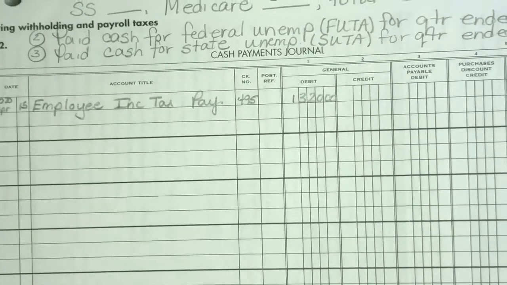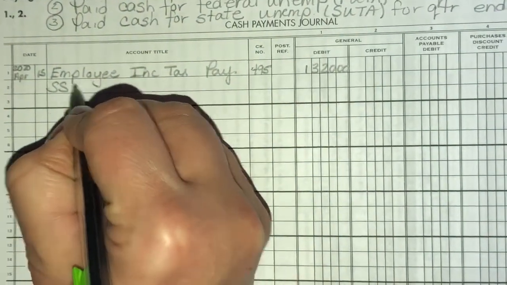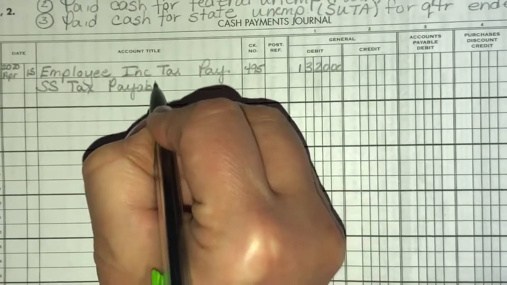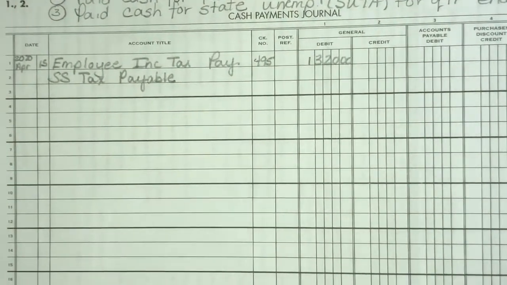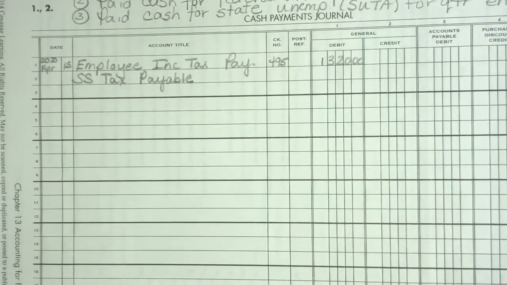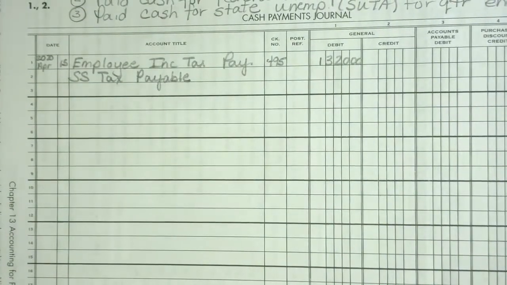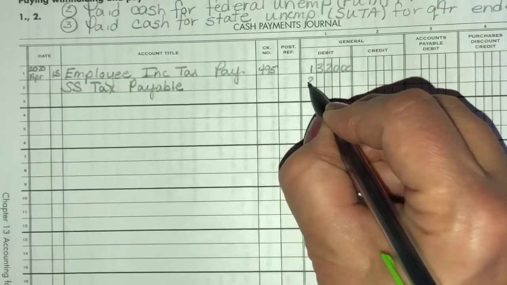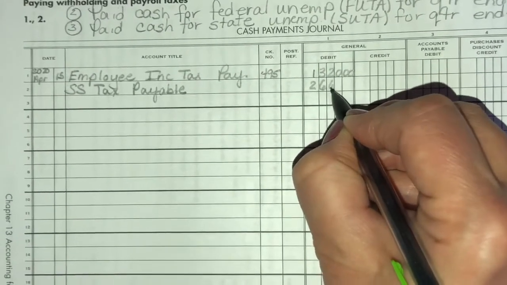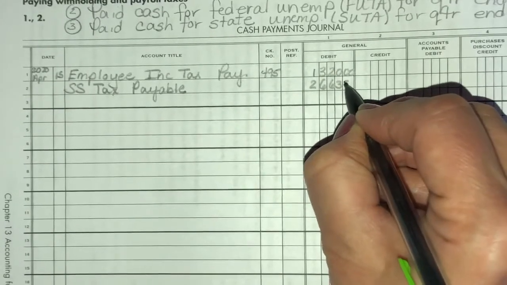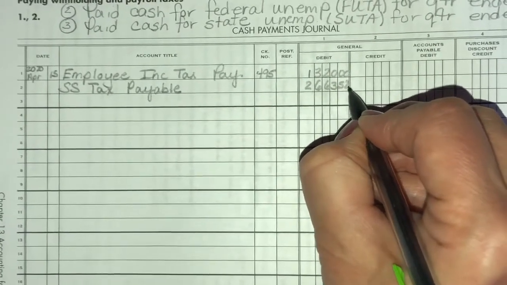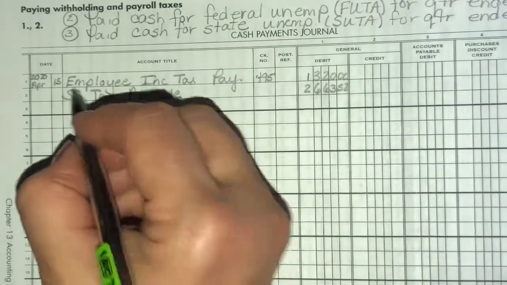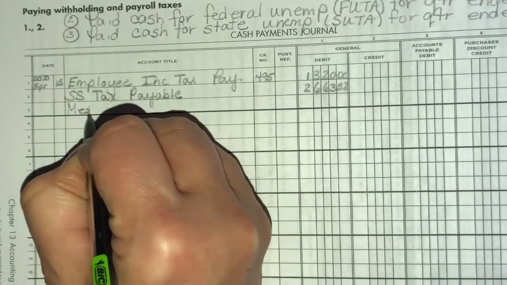Next account is Social Security tax payable. Okay, now here's where you got to think about it for a second. $1,331.76. Employee pays their portion, employer pays their portion. So you're going to double that amount, $2,663.52. Okay, and the last one is Medicare tax payable.